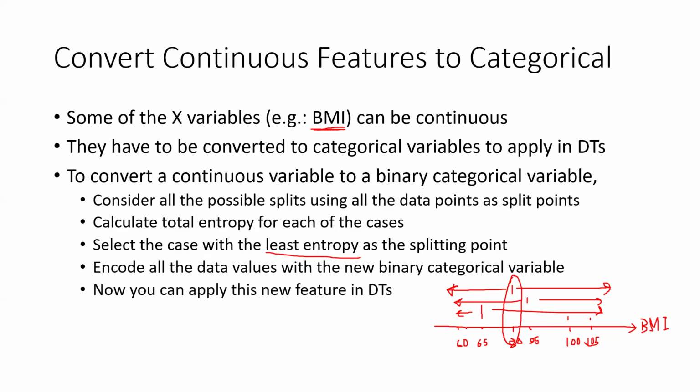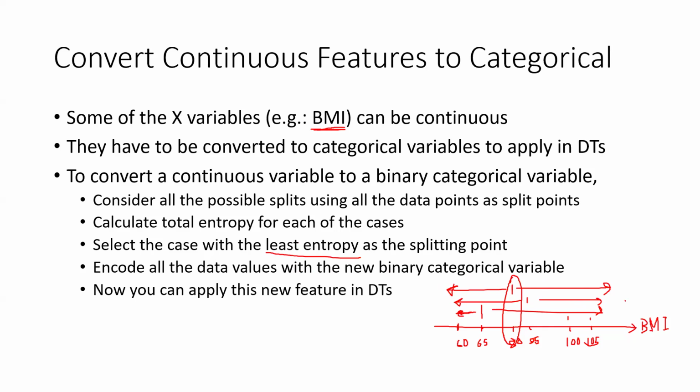So you take all the data points of the data set and then you try to split the data set. You try to create the categorical variable by splitting on this particular value, right? For example, we try to divide by 65 and we take the values lesser than 65 as one class and values greater than 65 as another class, and then we measure the entropy, and then we take the value 80 as the splitting point and we measure the entropy, and so on and so forth.